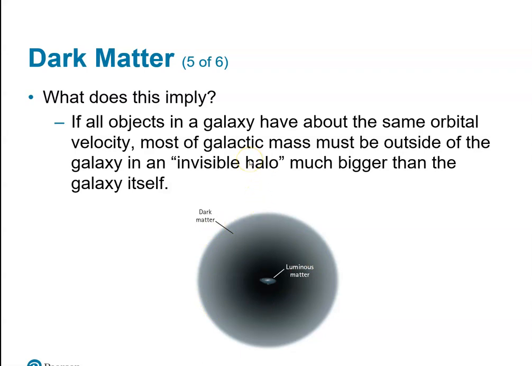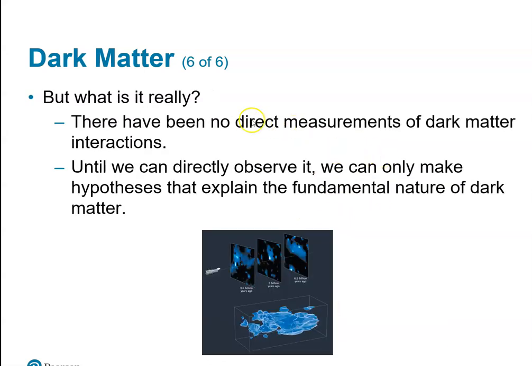Again, we don't know what this stuff is because all normal matter that we know about, that we perform experiments on, that matter interacts with light. This stuff doesn't interact with light. It just interacts gravitationally. So we don't know what it is. We're still trying to figure it out.